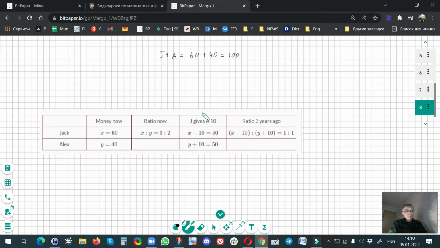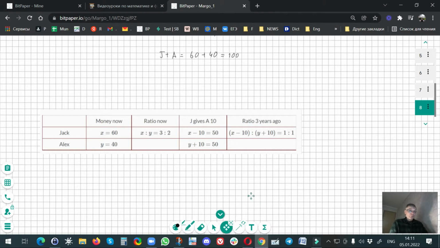Actually, Alex borrows 10 pounds from Jack, which gives Jack x minus 10, which is 60 minus 10, 50. And he gave this 10 pounds to Alex, and Alex gains 10 pounds, so he also has 50 now. So the ratio is 1 to 1 now.